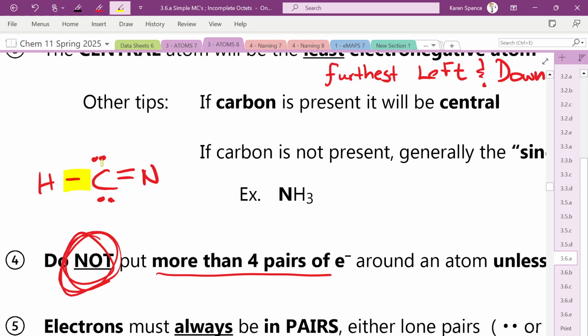Two, 4. 1 bond is 6, 2 bonds is 8, and now we have 10. If you have 10 electrons or 12 electrons, it is a problem. Okay? 10 and 12 electrons is not allowed. There are exceptions, but we'll learn those later. For now, no 10 electrons, no 12 electrons.